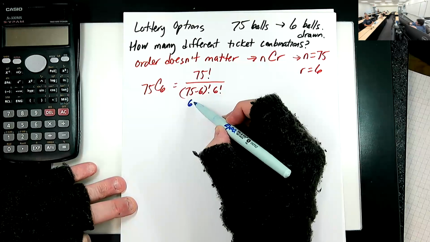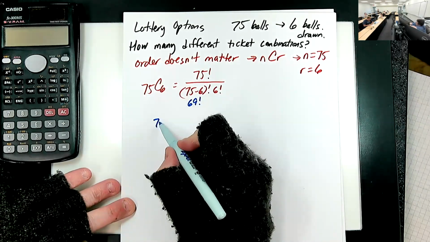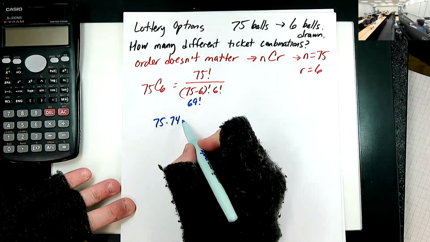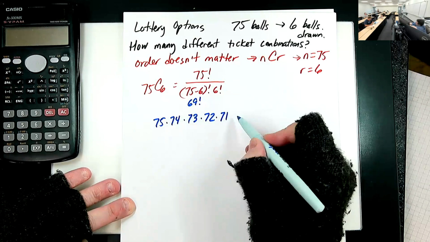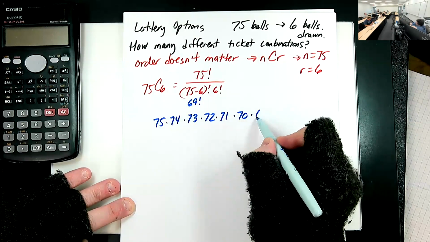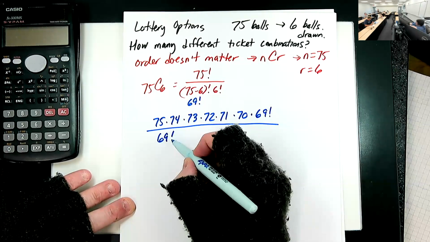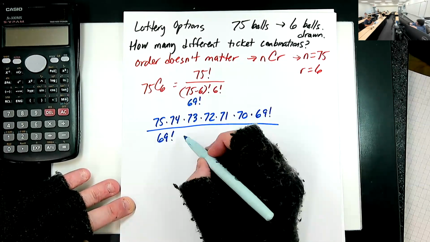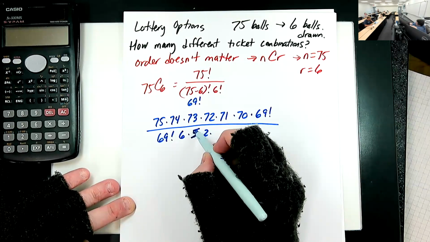75 minus 6 is 69. So if I do this, I have to go 75 times 74 times 73 times 72 times 71 times 70 times 69 factorial. And I have 69 factorial there. I'm going to write out the 6 factorial because that's where I would start wanting to cancel.